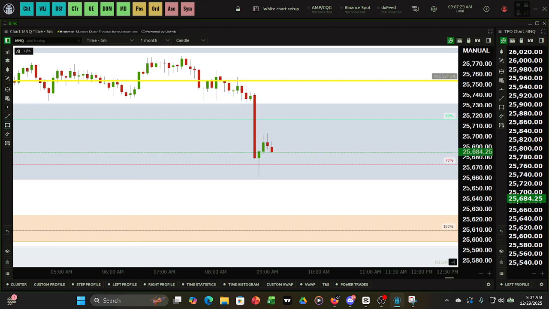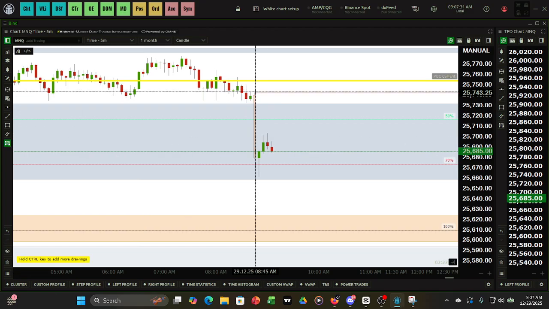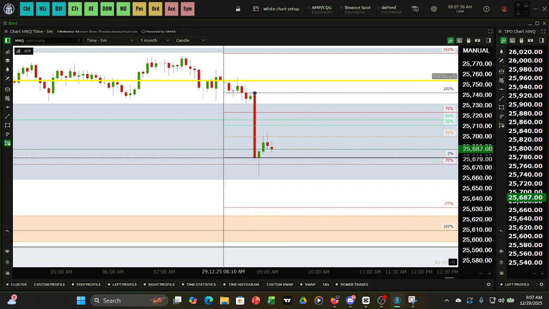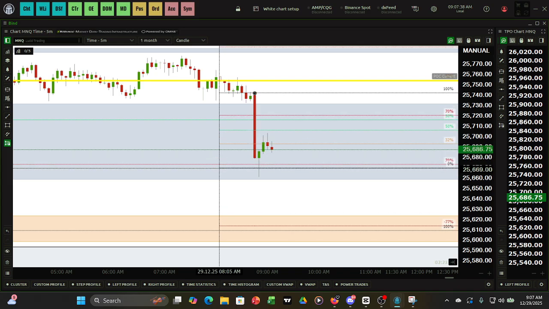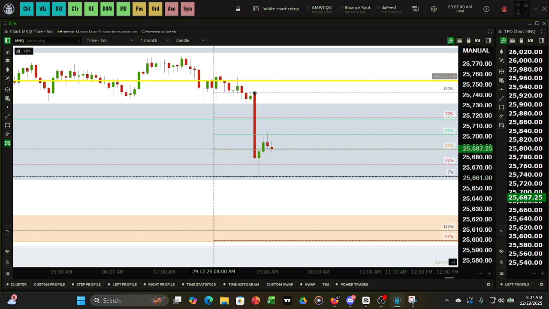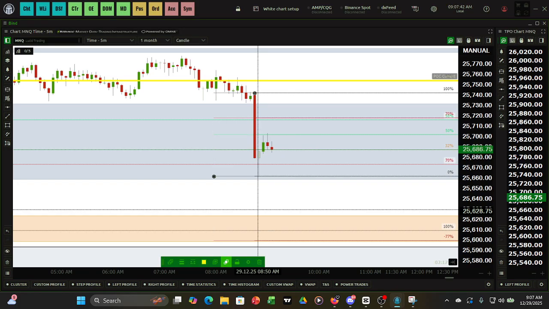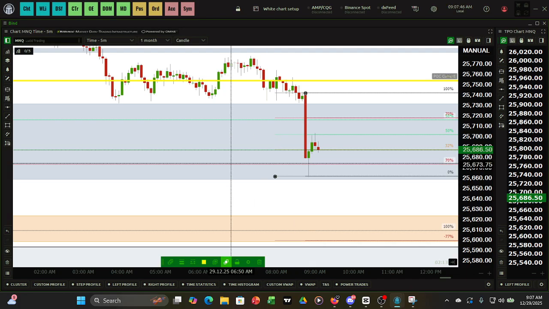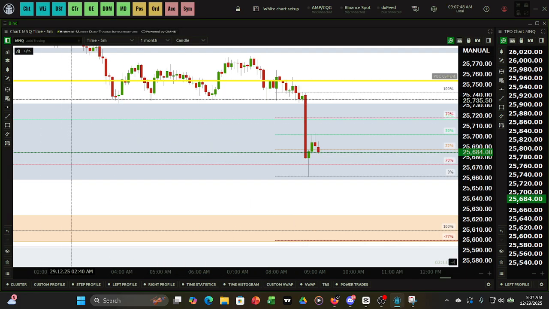So now we can see where this thing is kind of inside here. It looks like we're going to try and keep pushing down for the moment.